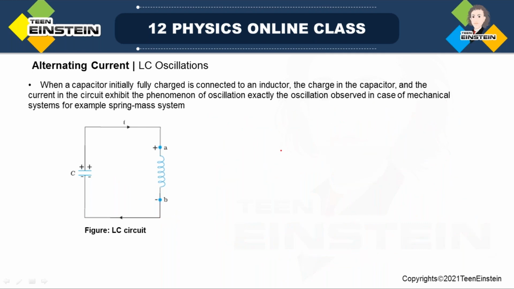Now look, by Kirchhoff's loop rule or KVL, it is called Kirchhoff's voltage law, we can write down the equation.